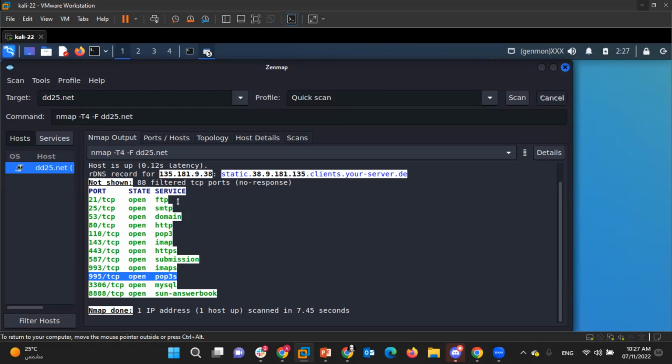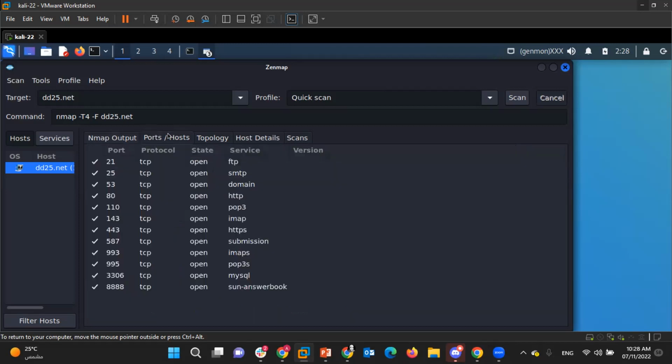It's a configured port. SQL is a default port. Also, that's a weakness. As a security measure, we should change the default ports for all of the services. Okay, let us go to here.